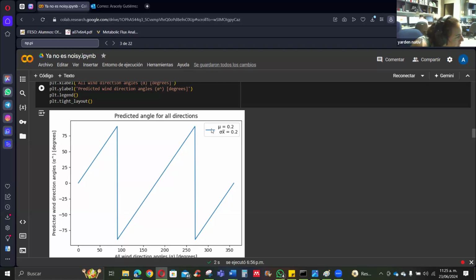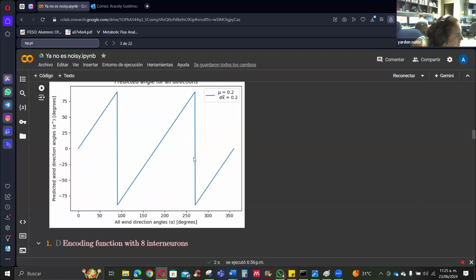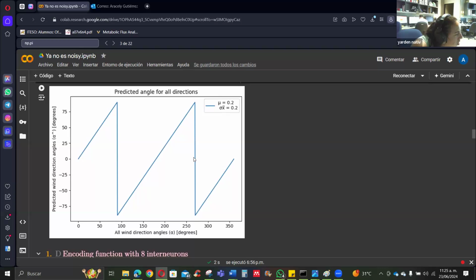But I think there is still a problem here. It shouldn't look entirely like this. Something around 90 and 270 is kind of flipped. So you need to double check what happened over there.